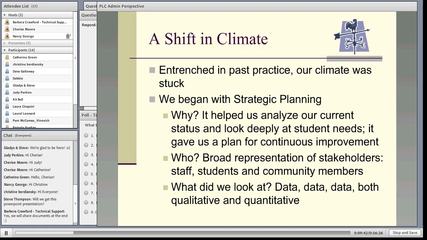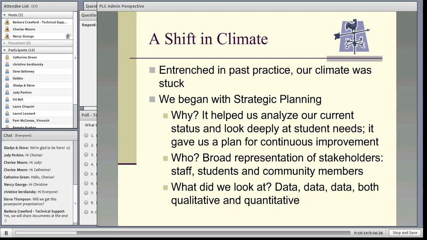So the end result for us was really pretty amazing, I think. As those individual agendas fell away and that focus on student needs came to the surface, what we wound up with was a vision and mission and objectives and teams that then began working on action plans that really were all connected back to the needs of the students.